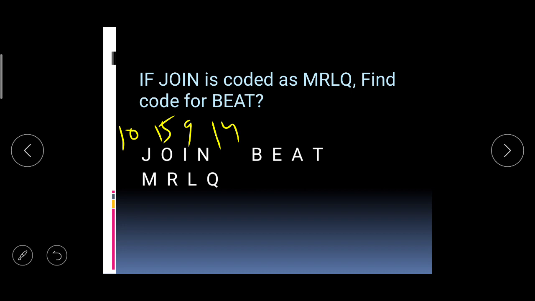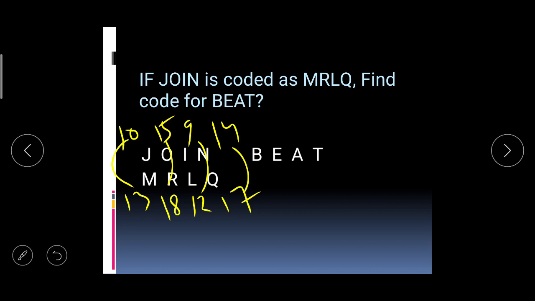With the same EJOT code, if you can remember, I remember the position of each letter, so I can write directly. M is 13, R is 18, L is 12 and Q is 17. So 10 becomes 13, 15 becomes 18, 9 becomes 12 and 14 becomes 17.